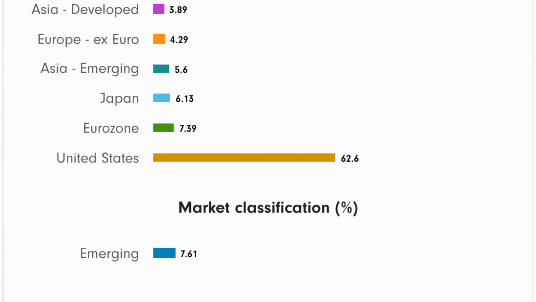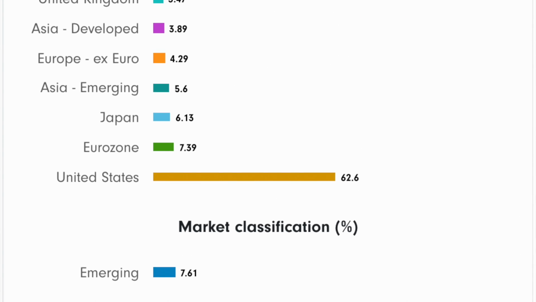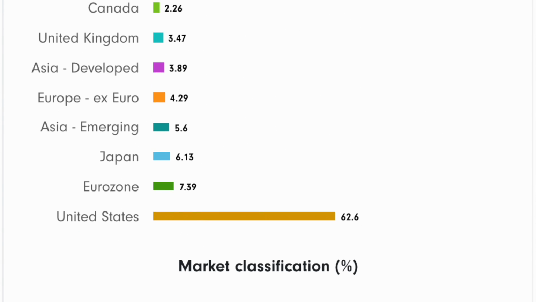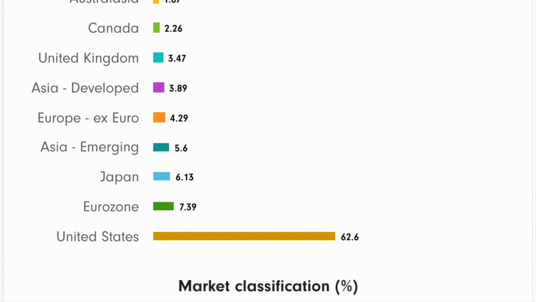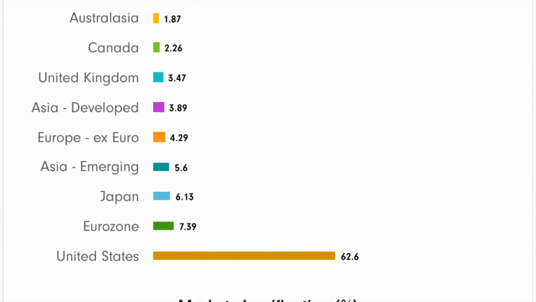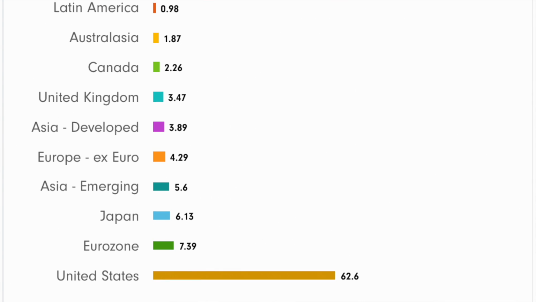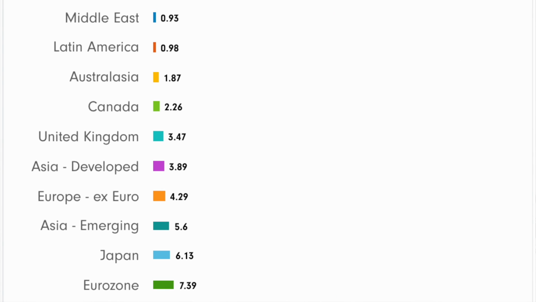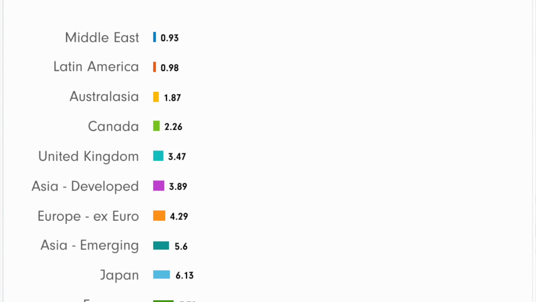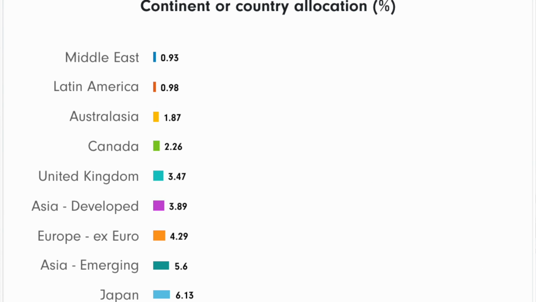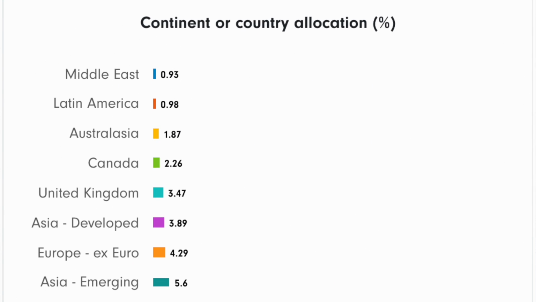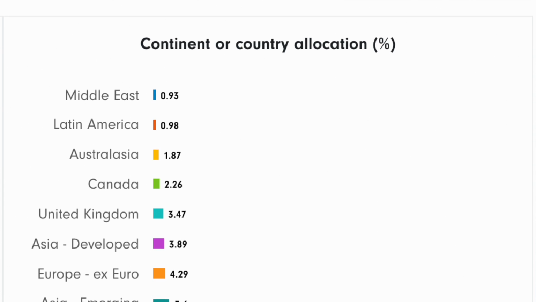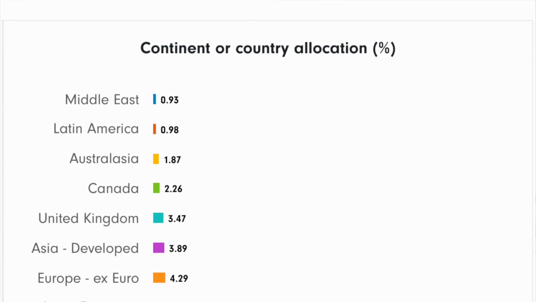Then the Eurozone make up 7.39, Japan 6.13, Asia emerging, so you're getting emerging markets exposure there, is 5.6, Europe is 4.29, Asia developed is 3.89, the United Kingdom is 3.47, Canada 2.26, Australasia 1.87, Latin America 0.98, and the Middle East 0.93. So as you can see there is quite a lot of concentration in US stocks in a FTSE All-World ETF, but you are getting exposure to the whole world.